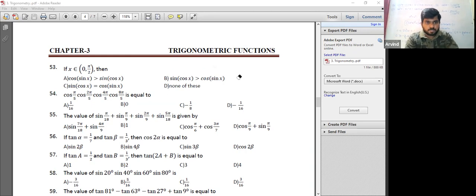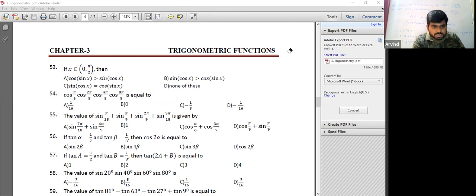Okay, so cos pi/5, cos 2 pi/5, cos 4 pi/5, cos 8 pi/5. Again you can use the cos A cos B formula and solve this. Okay, there is one more formula which I wanted to tell, a different one. All the others are formulas that I gave.